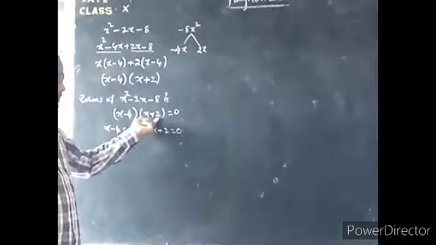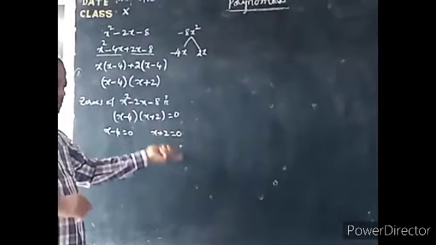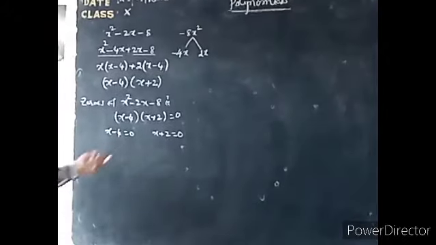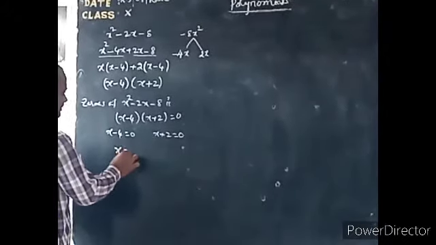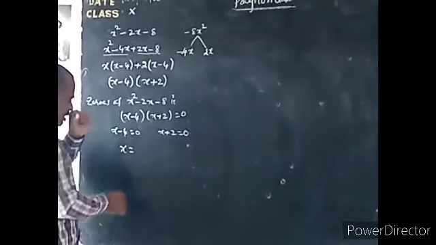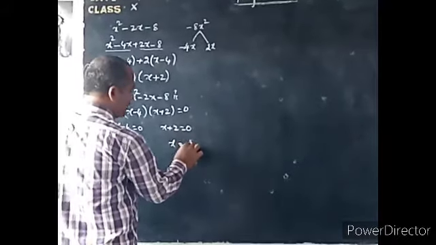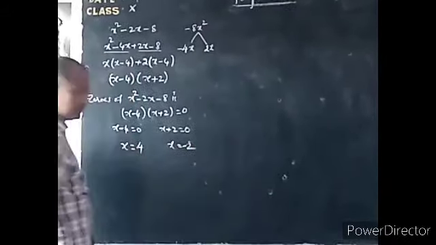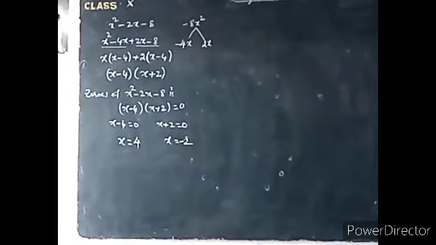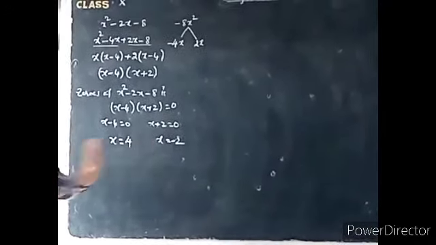In the next case, x plus 2 is taken, this one is transposed. Then also 0 by any number, 0. Now you should take x is equal to, this minus 4 is transposing. How much? Plus 4. Here, minus 2. X is minus 2. So the zeros of this polynomial are now 4 and minus 2.